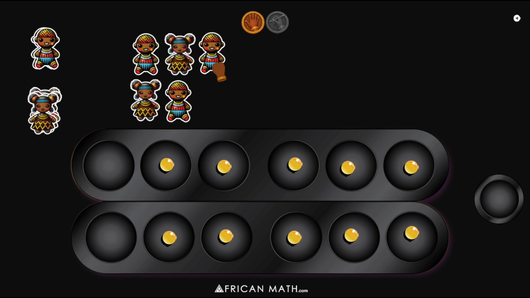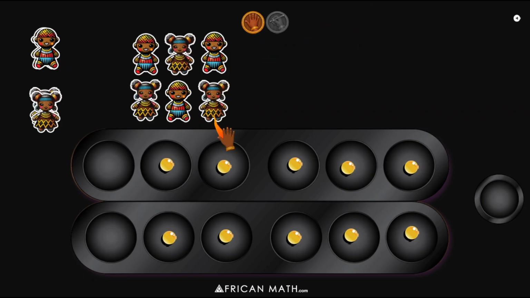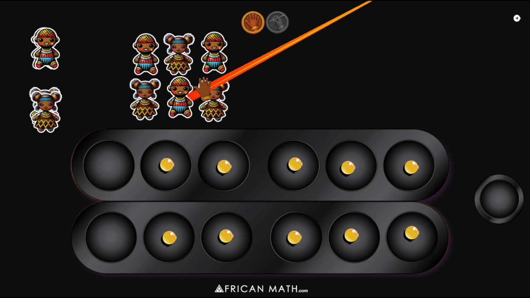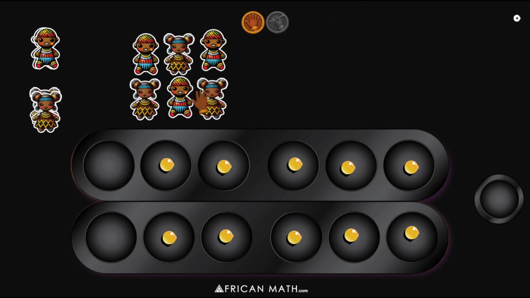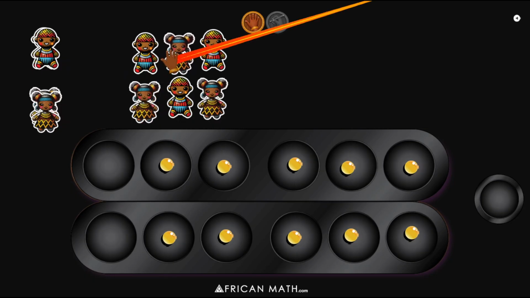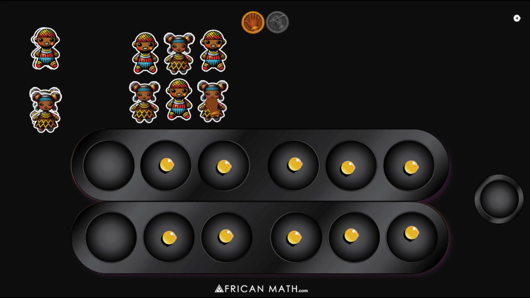Now he's the odd one out, which means he needs a friend. So we're going to bring in 6. Now there's a total of 3 pairs. Counting by 2, we have 2, 4, 6. Counting by ones, we have 1, 2, 3, 4, 5, 6.